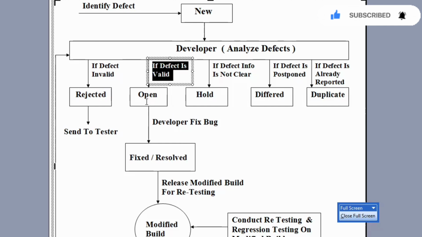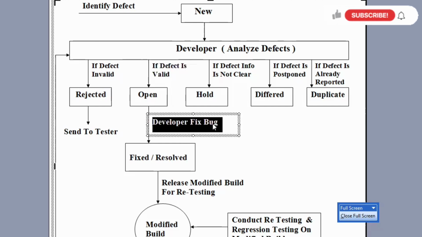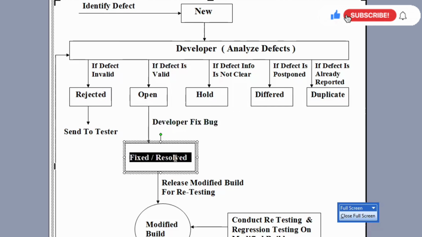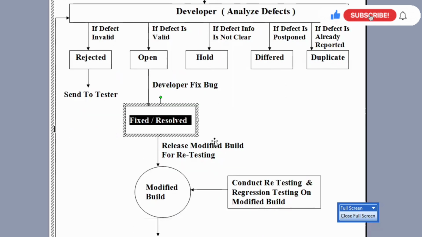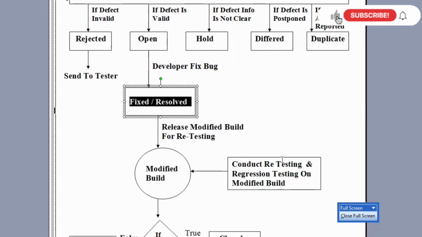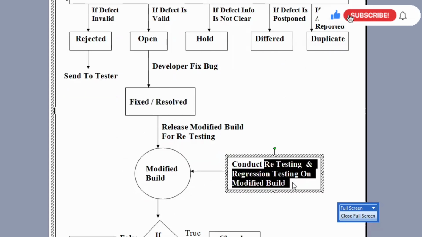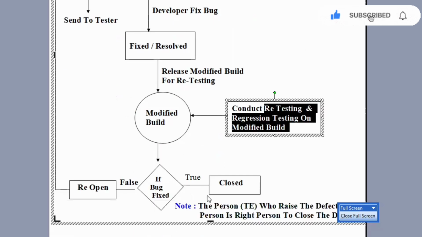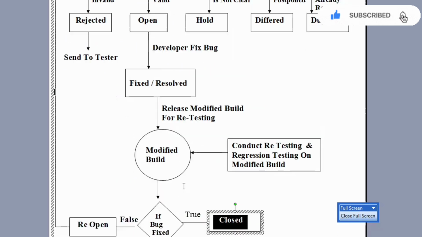After accepting, the developer will fix the problem. After fixing, the status will be either fixed or resolved. Then the modified build will be given to the QA people, and we conduct retesting and regression testing. If the problem is solved, you close it, else reopen it.